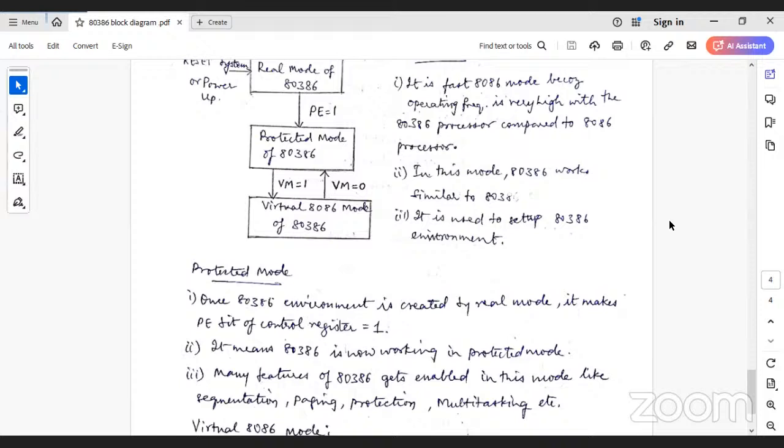Now again, in this, 486 and 586 are also there. It is your choice, but I will advise you to read at least 386.